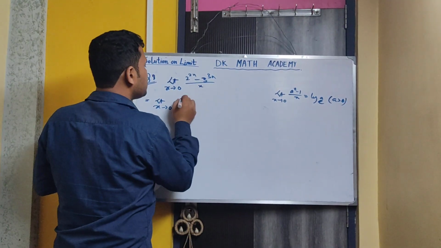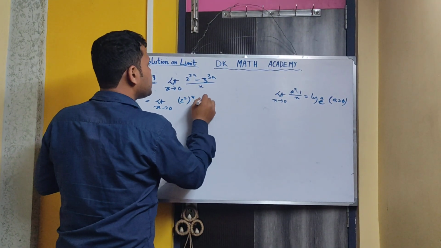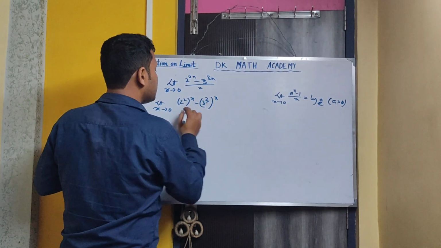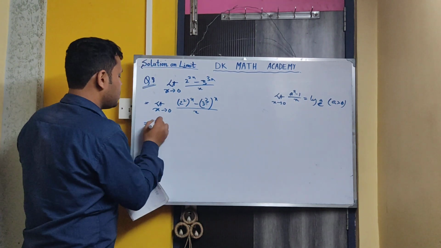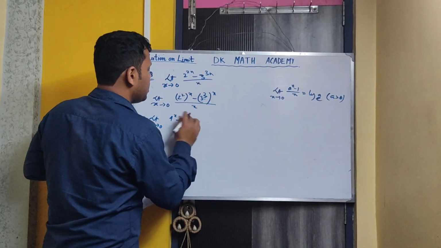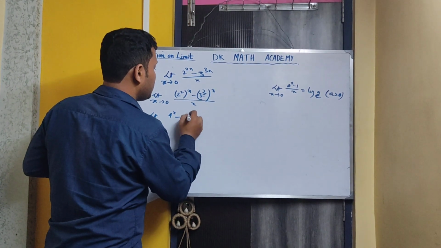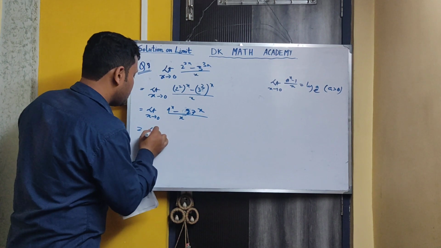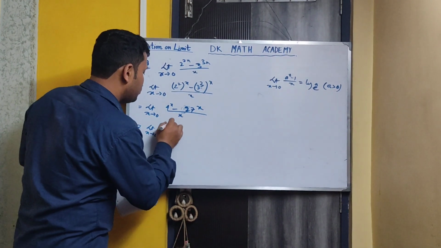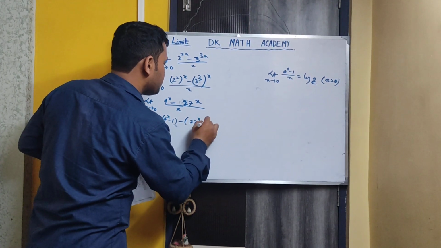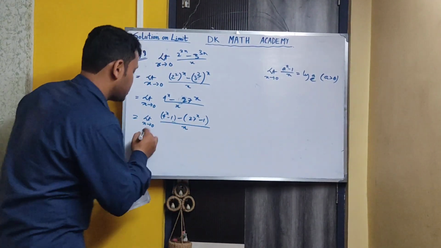Now this is (2 square) whole to the power x, and this is (3 cube) whole to the power x, all divided by x. So limit x tends to 0, (4 to the power x minus 27 to the power x) divided by x.